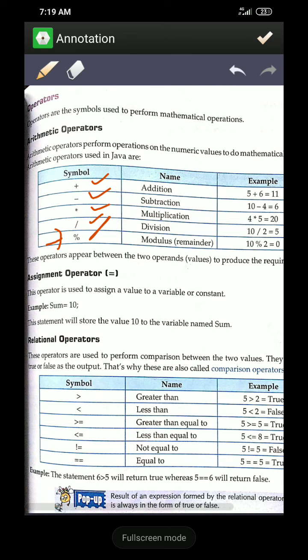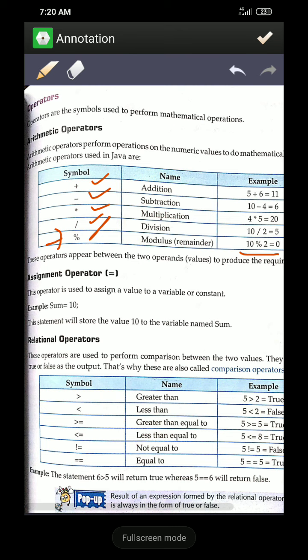The meaning of this one is to store the remainder on division. Look at this example, 10 modulus 2. The interpretation of this statement is that 10 will be divided by 2 and the remainder will be stored.